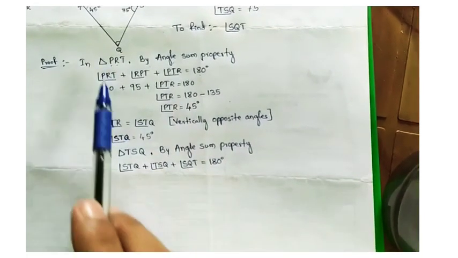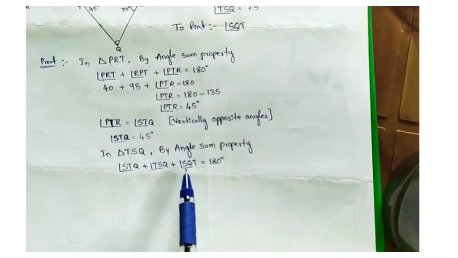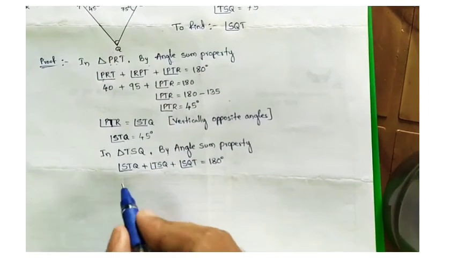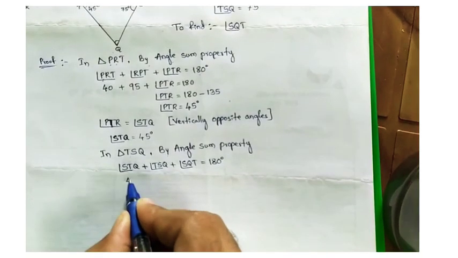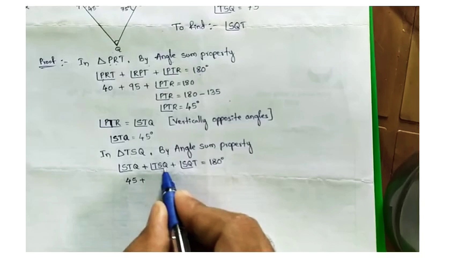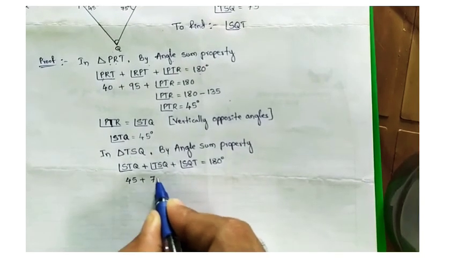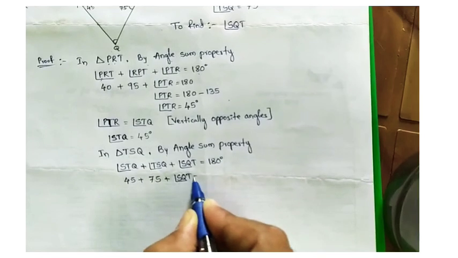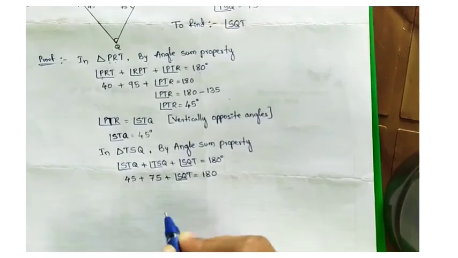Next SQT, which one we want. So if you add 3, you will get 180 degree. So STQ how much? 45. TSQ how much they given? 75. Plus we don't know SQT, like that only, equal to 180.